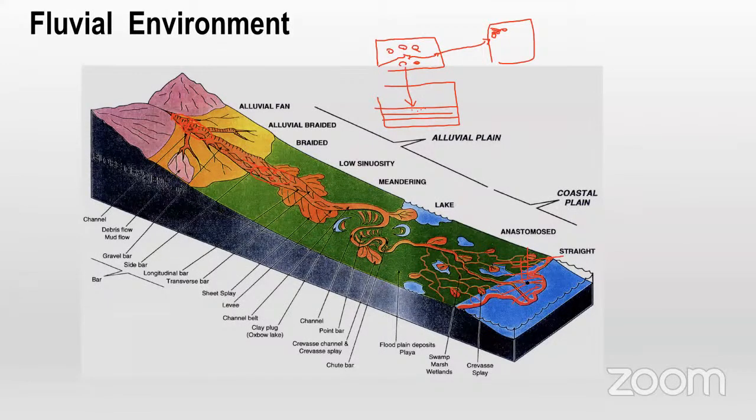Because of that, the porosity reduces. So the diagenetic processes are very important because they show us why in this area we have porosity, and why in another area we don't have porosity.